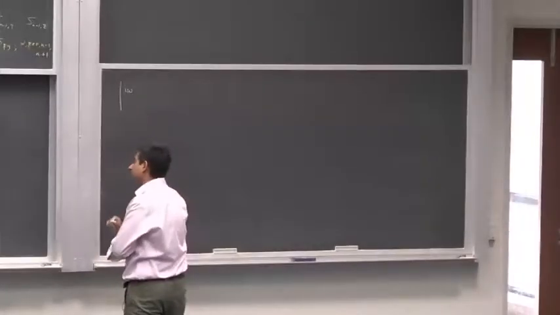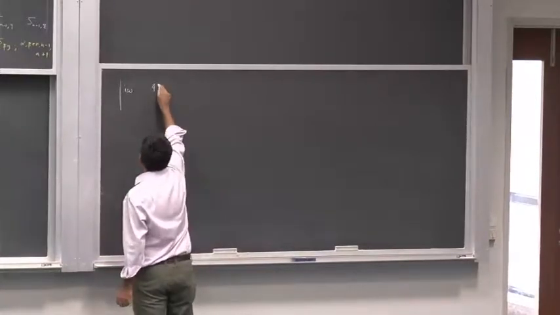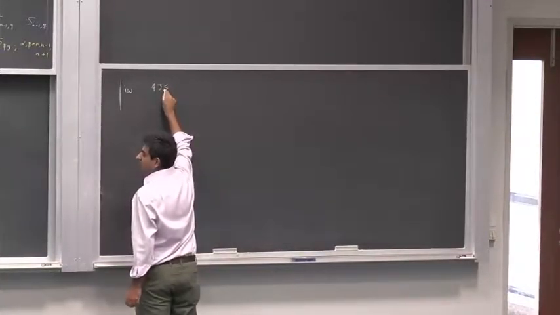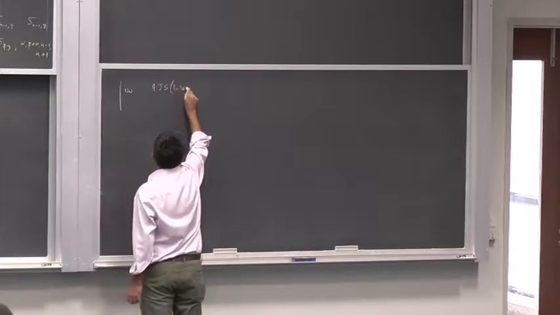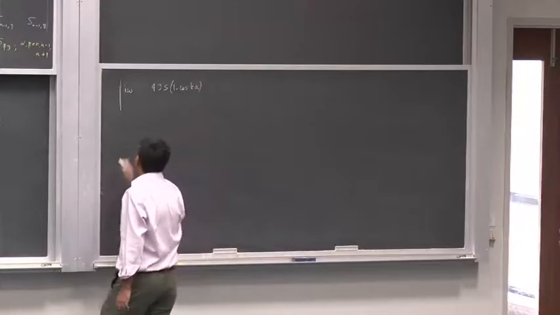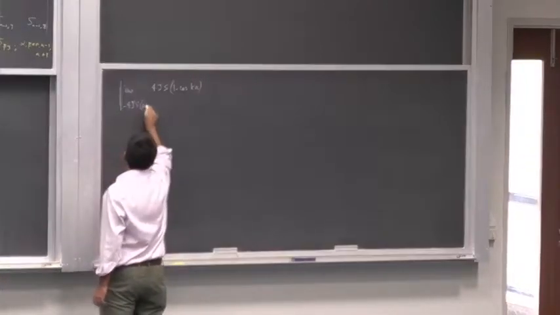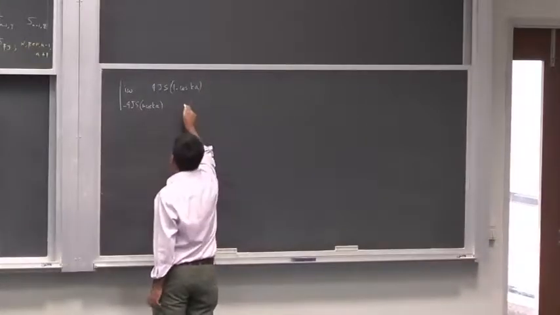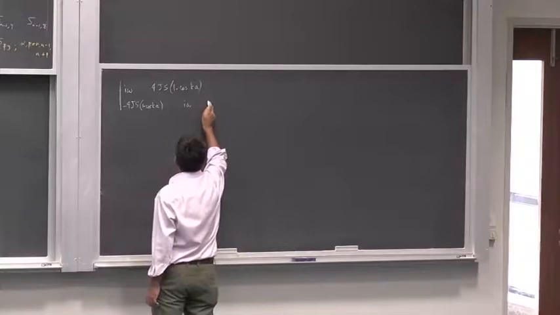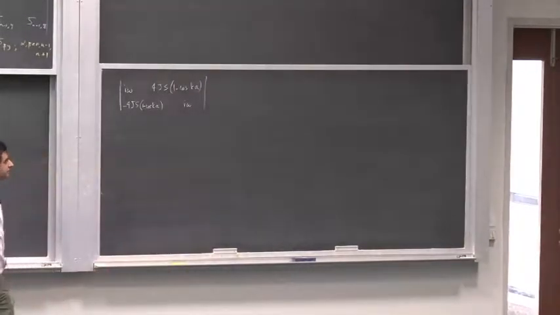I omega, 4Js (1 minus cosine ka), and then here I have minus 4Js (1 minus cosine ka), I omega. This determinant has to be 0.